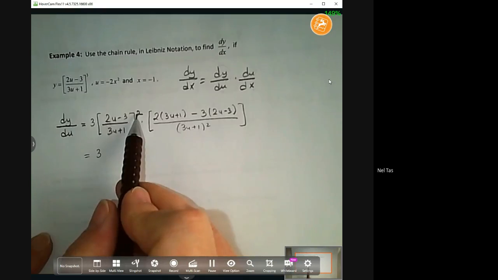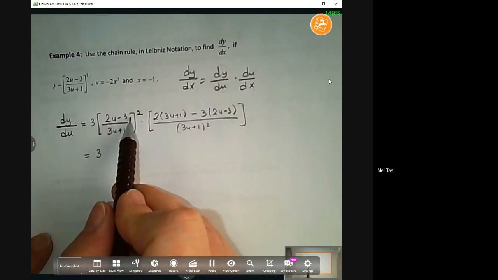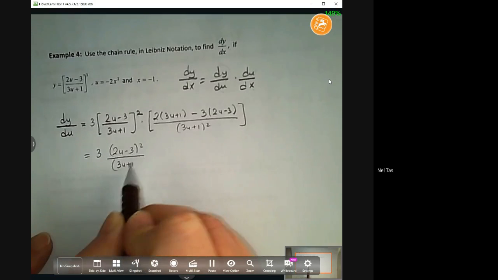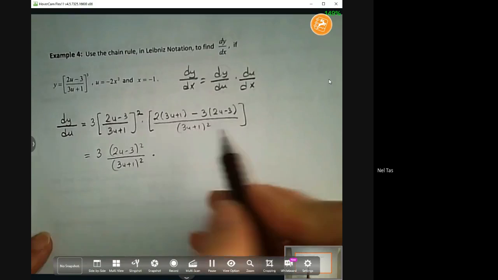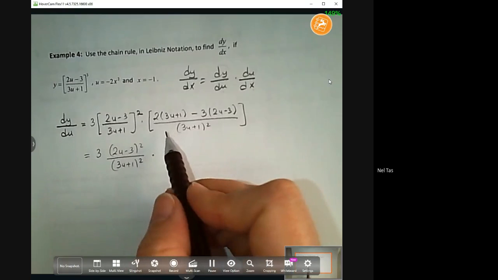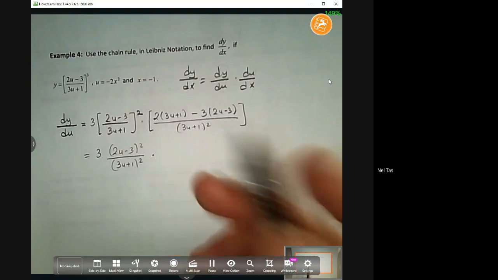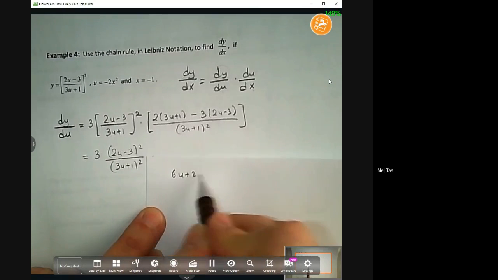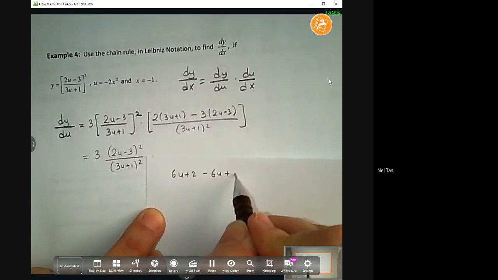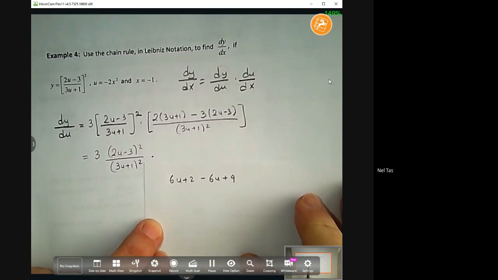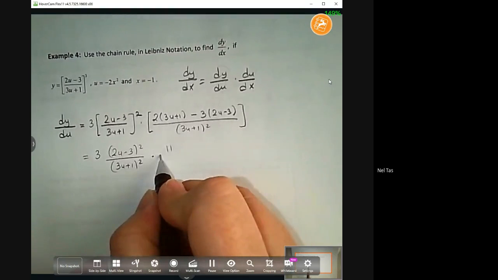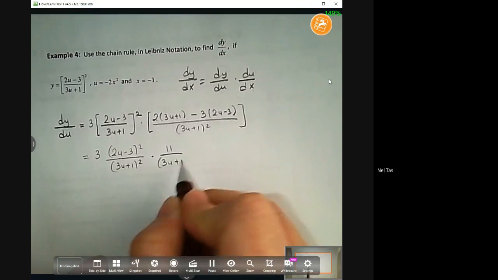So I'm going to distribute this square to the numerator and denominator. So (2u minus 3) squared over (3u plus 1) squared times, if you simplify this, 6u plus 2 minus 6u plus 9, that gives you 11. 11 over (3u plus 1) squared.